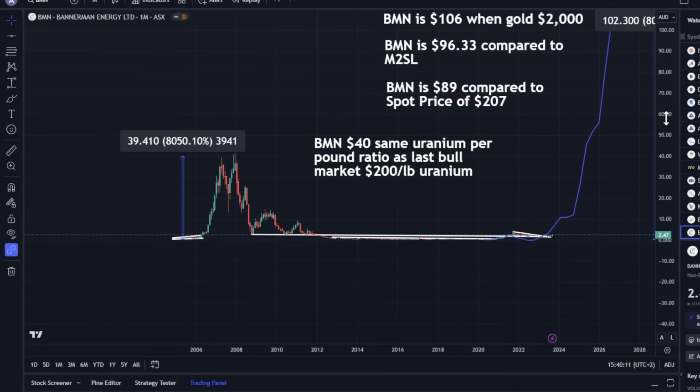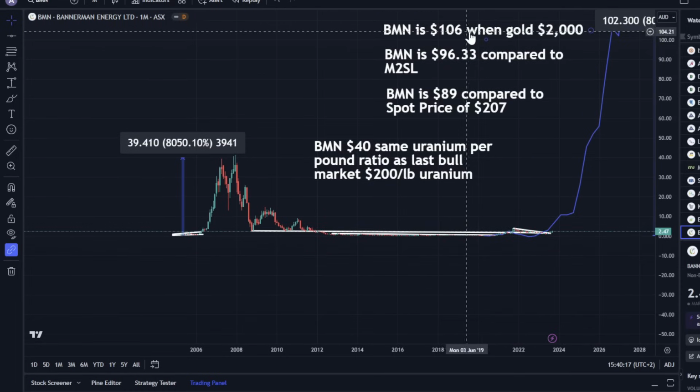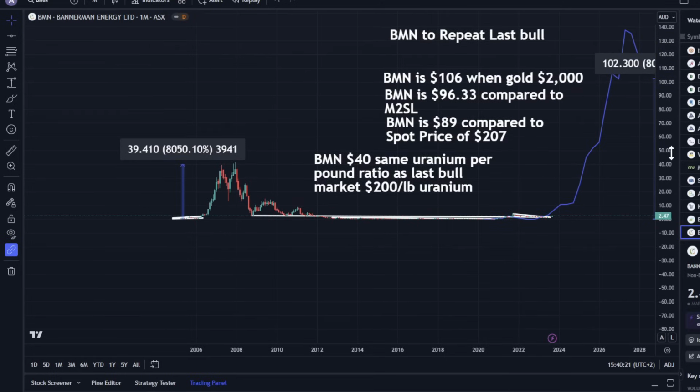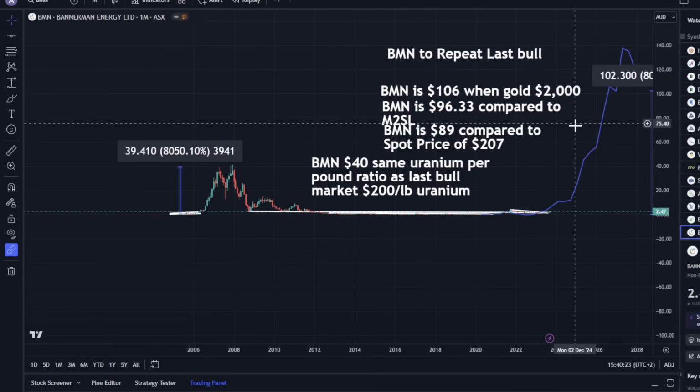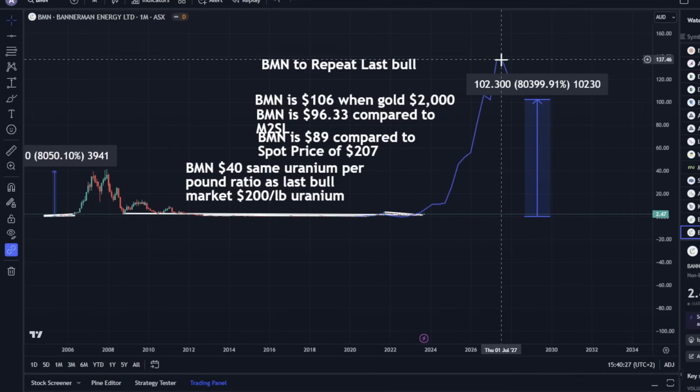As we continue to go up, if we compare the ratio against gold, Bannerman would be priced at $106 compared to gold at 2000. And if Bannerman were to repeat the last bull market, it would go to roughly $137 if it was an 81 bagger from the bottom.